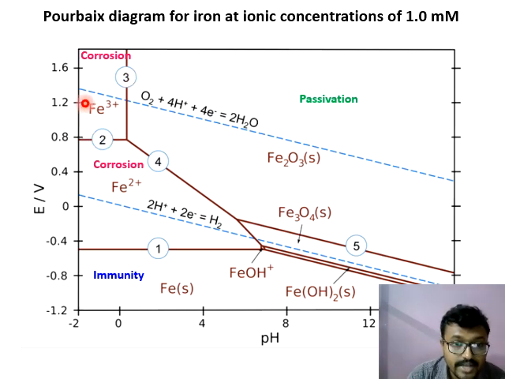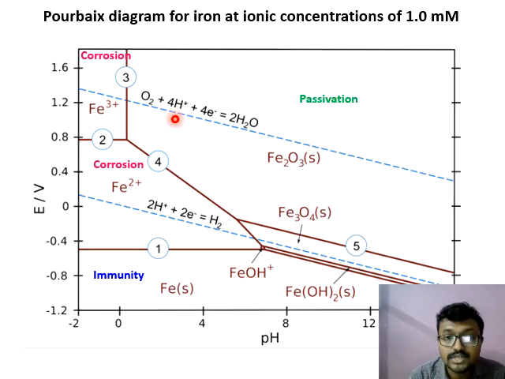Line 3 is a reaction between iron 3+ and iron oxide Fe2O3. Here iron is present in the +3 oxidation state, and here also iron is present in the +3 oxidation state. So in this reaction, iron 3+ to Fe2O3, there is no transfer of electron.